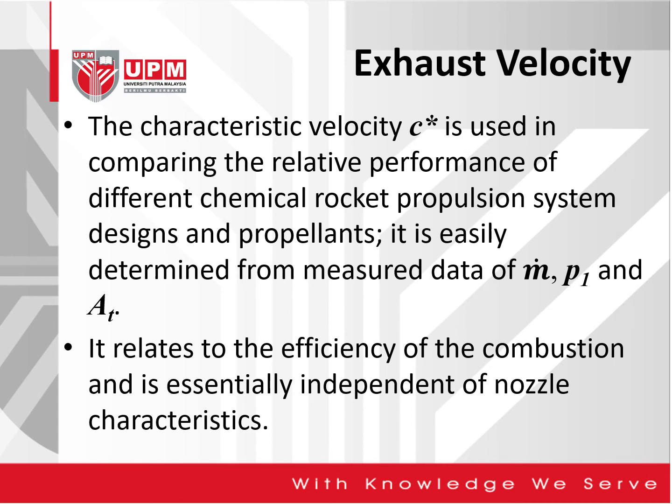The characteristic velocity C star is used in comparing the relative performance of different chemical rocket propulsion system designs and propellants, and it is easily determined from measured data of the mass flow, the pressure inside the chamber, and the area at the throat. It relates to the efficiency of the combustion and is essentially independent of the nozzle characteristics.